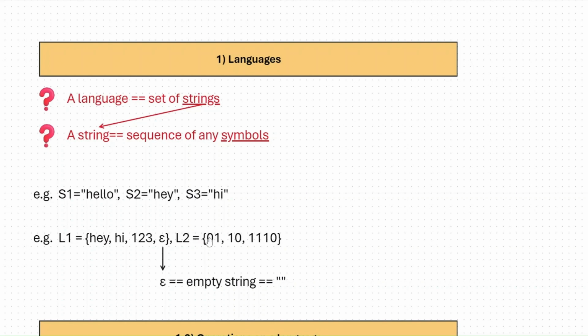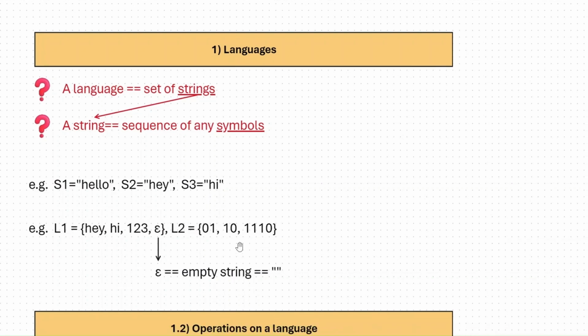So these are string 01, string 10, and string 1110. These are also strings which are included in this language. For any string in each set, we say the string is in the language. For example, 01 is in language 2. But 11, let's say, string 11, is it included in language 2? No, right? It is not included in language 2.